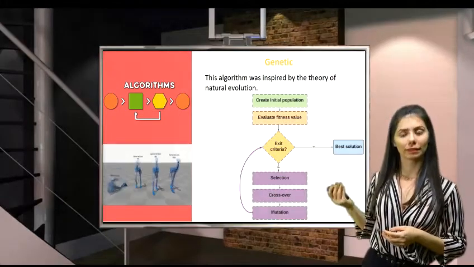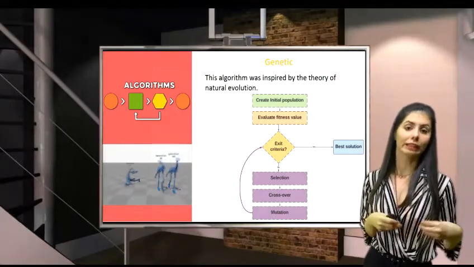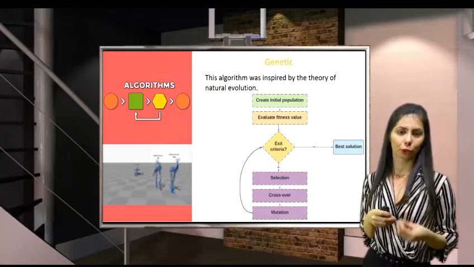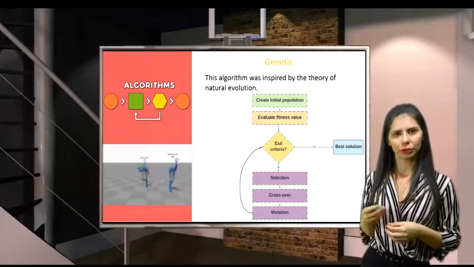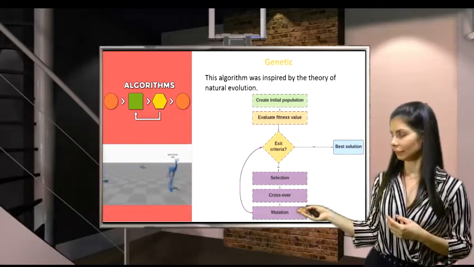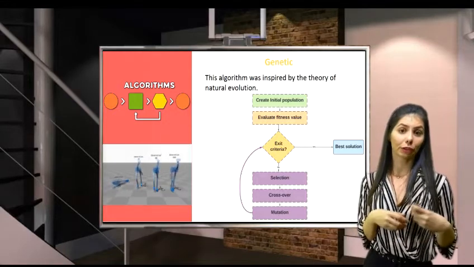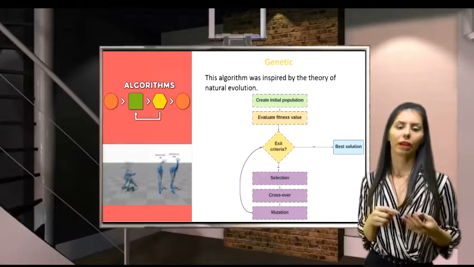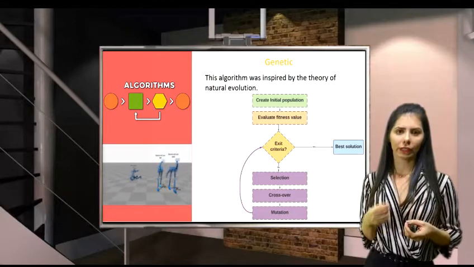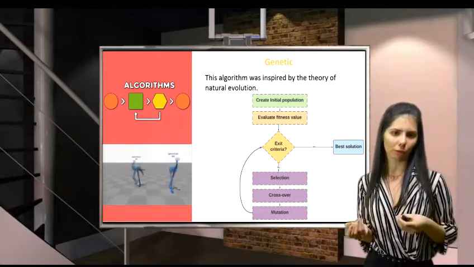The last one is the genetic algorithm. It was inspired by the theory of natural evolution, where only individuals who evolve survive, as you can see in this GIF. It considers characteristics such as survival of the fittest, reproduction, and mutation of a population to gather better solutions to a problem.